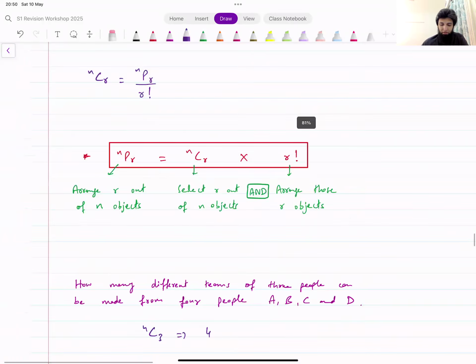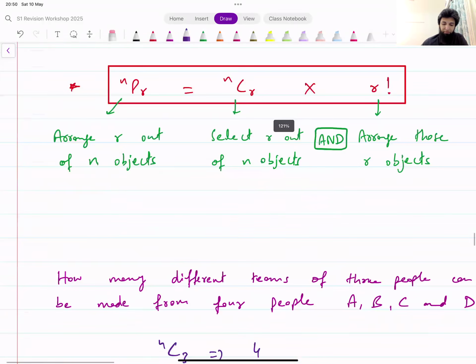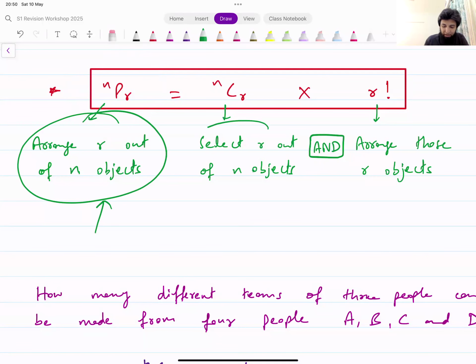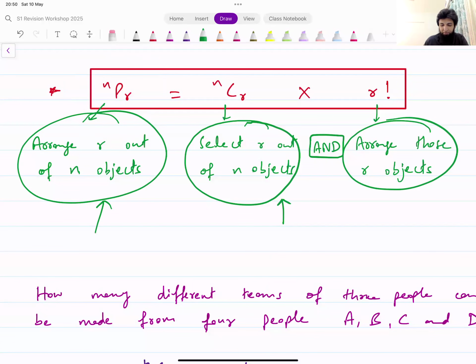Now, this is something important. This is the relation between permutations and combinations, how they're connected to each other. nPr means arrange r out of n objects. While it works, it basically does 2 things. When you say arrange r out of n objects, that means you have to select r out of n objects and then arrange those r objects that you've selected.